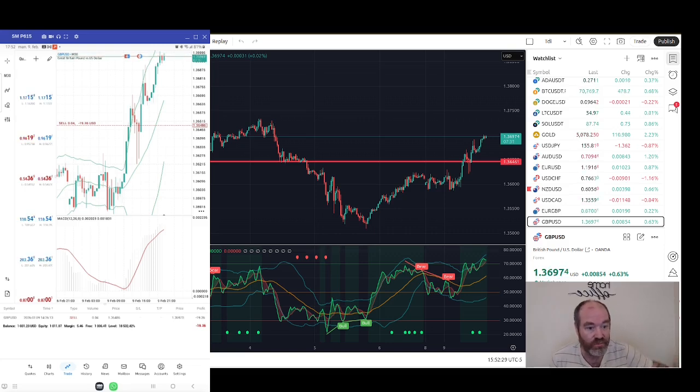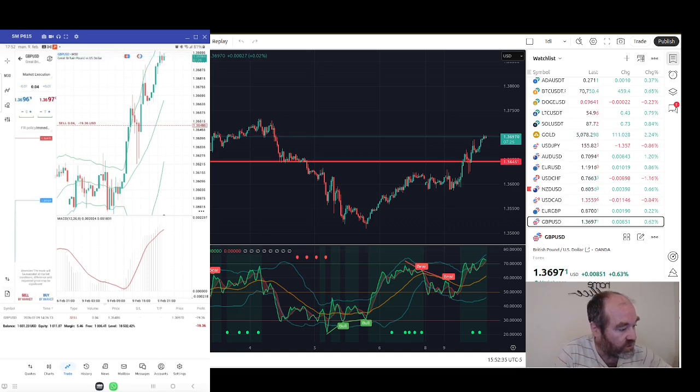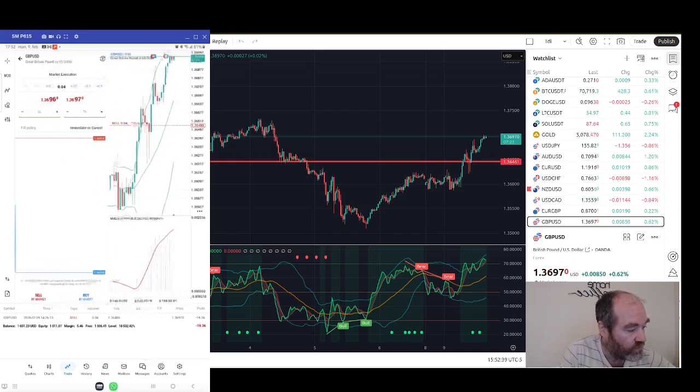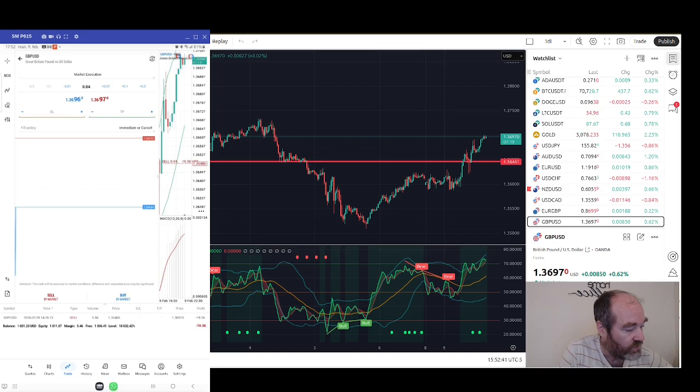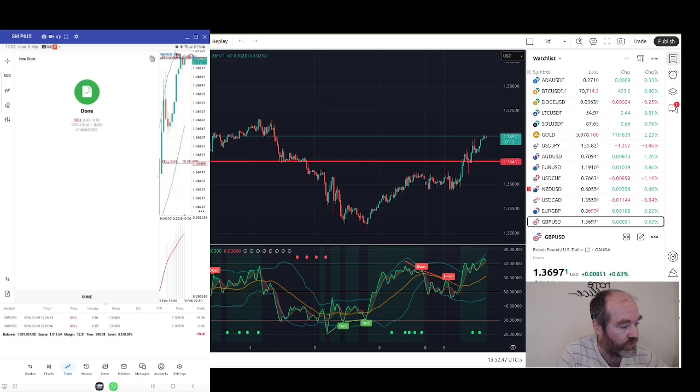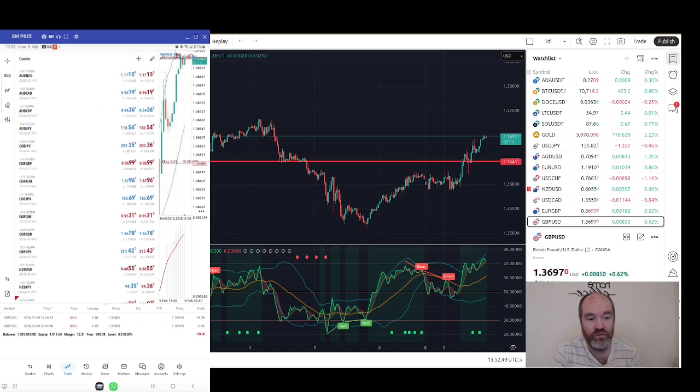Sorry if I'm looking there because I'm trading on my tablet here now. So let's take a trade. Let's make this wider. We take the same amount of trade. Now let's take one extra 5 and we sell. Done. We are not using any martingale or things like this.